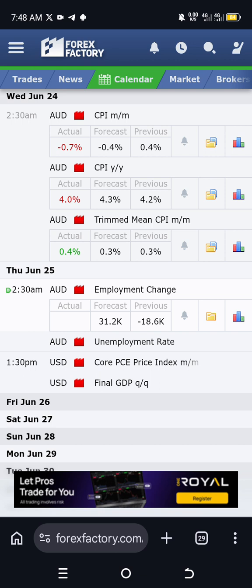And don't forget, we have 4 important news releases every month in each country: GDP news, CPI news, employment news, and interest rate news. These 4 news are very, very important. So that is what we have covered so far.